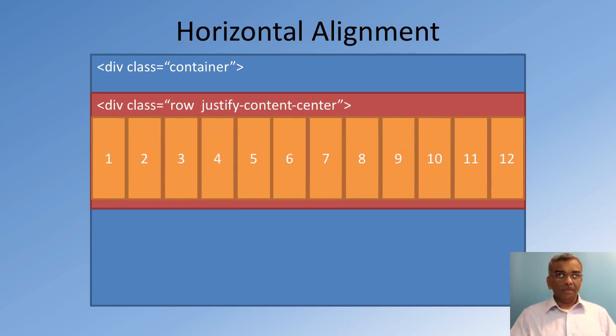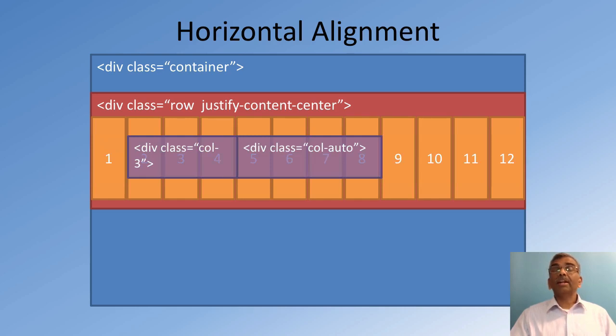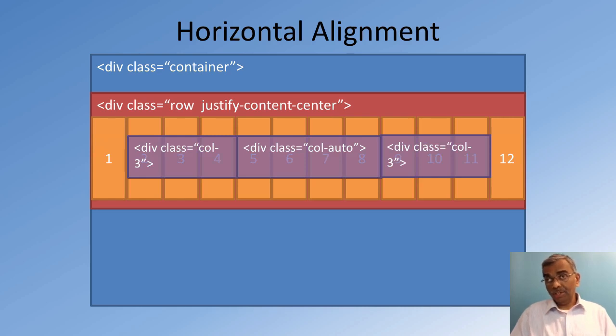Let's look at an example. So if you specify your content like this, say you have 3 columns, and the first one you specify div class col-3, then the middle one you say div class col-auto. I'm going to come back to that col-auto in a short while, and the right one says div class col-3. So in this case, what we are specifying is that the left and the rightmost pieces of content will occupy 3 columns each.